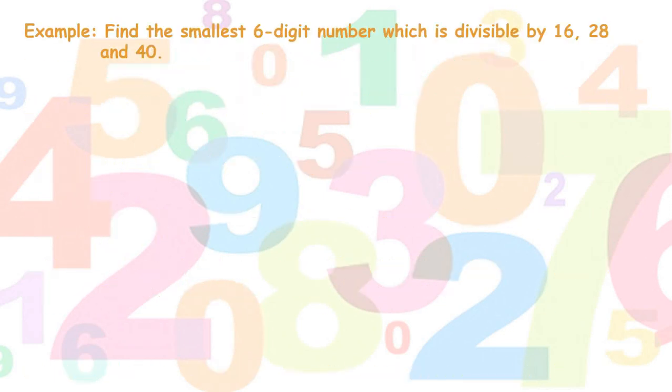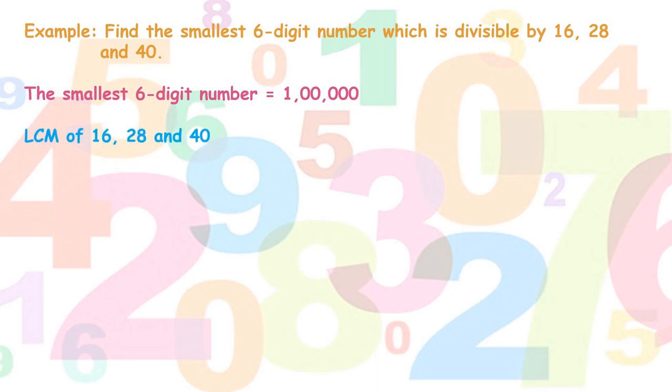Find the smallest 6-digit number which is divisible by 16, 28 and 40. Now in this case, you first write the smallest 6-digit number, that is 1 lakh. Now you find the LCM of 16, 28 and 40. So what is the LCM? You are correct, that is 560.